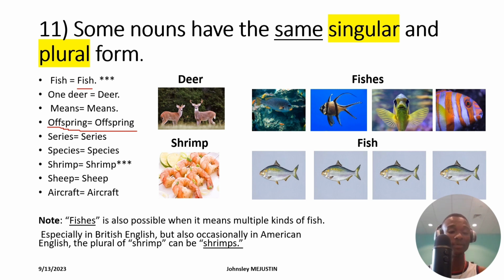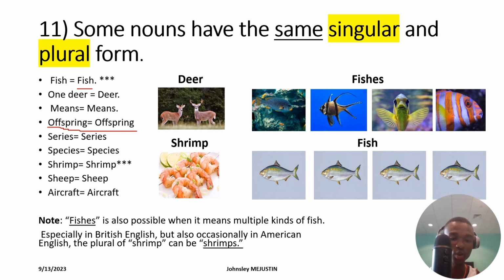An aircraft is a machine that has the capability of flying, whether it be an airplane or a helicopter. This is a helicopter. This is an aircraft. So one aircraft, two aircraft. Like an airplane plus a helicopter, these are two aircraft. That's the same thing, the same singular and plural form.